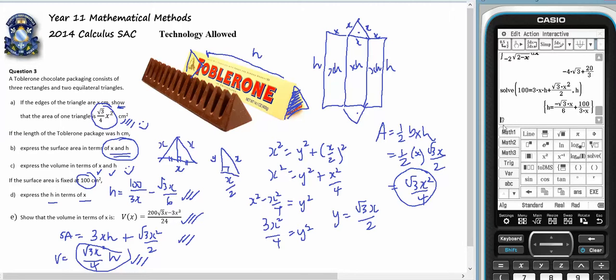The volume equals root 3 x squared h divided by 4.